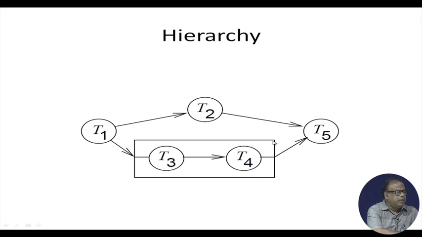So, I could have combined this, and at a later level of decomposition of the specification, I could have said that this combined unit T3-4 is actually T3 preceding T4. So, it is not necessary for a complex scenario that I have to specify all the details at the top level. I can gradually come down.